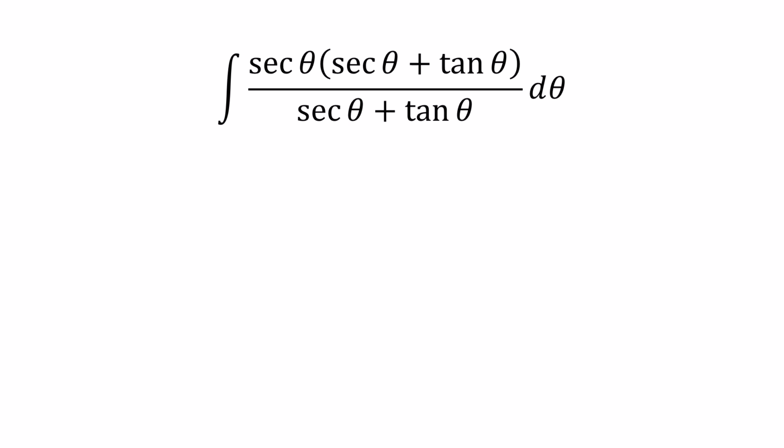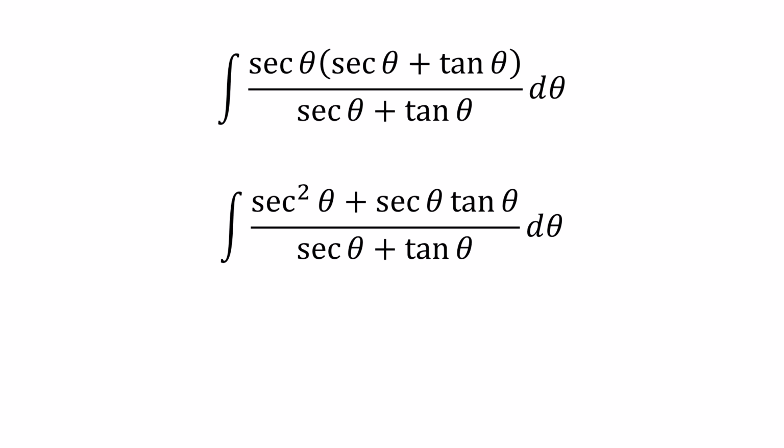Distributing secant of theta, we obtain the integral of secant squared of theta plus secant of theta tangent of theta, all over secant of theta plus tangent of theta d theta.